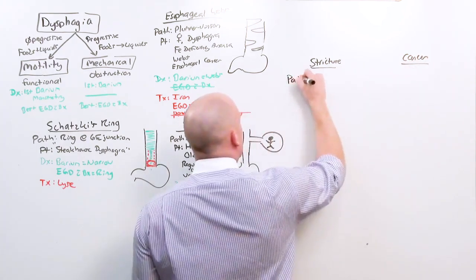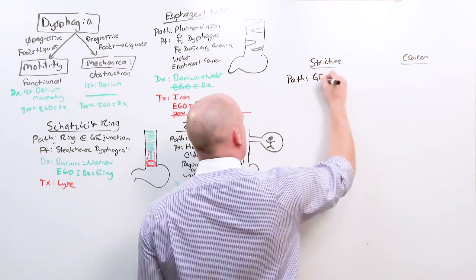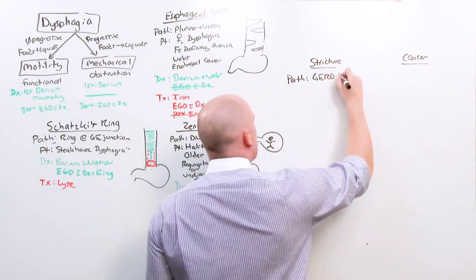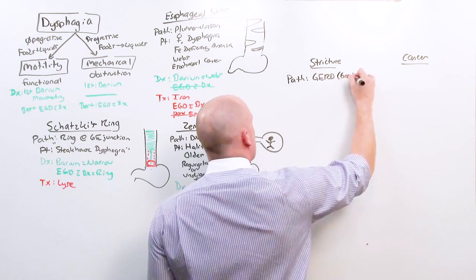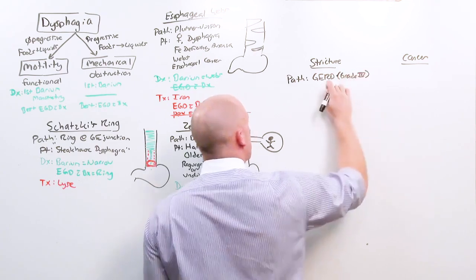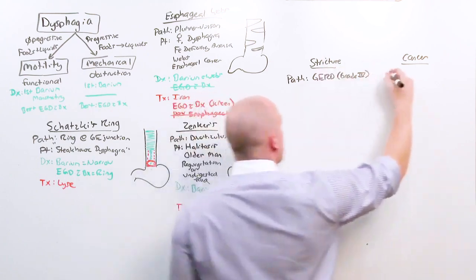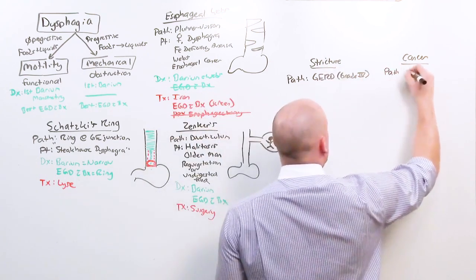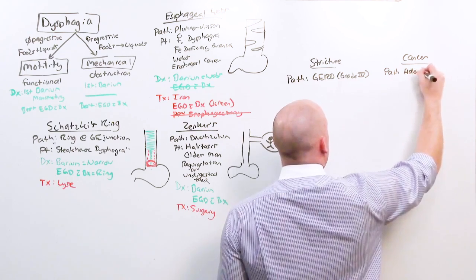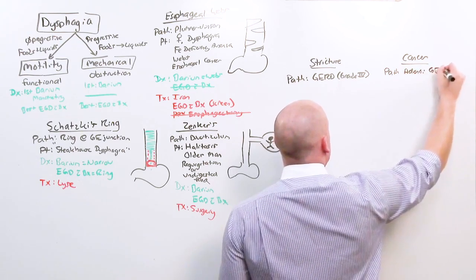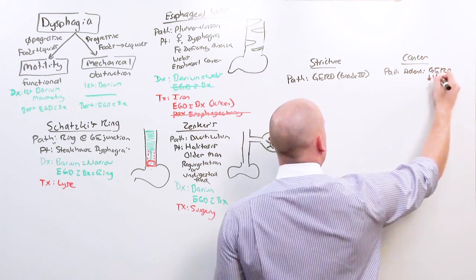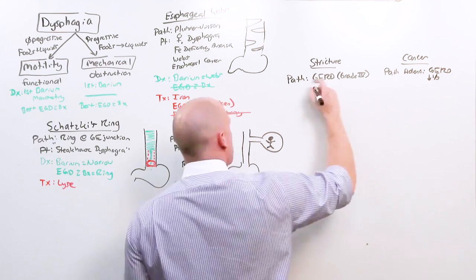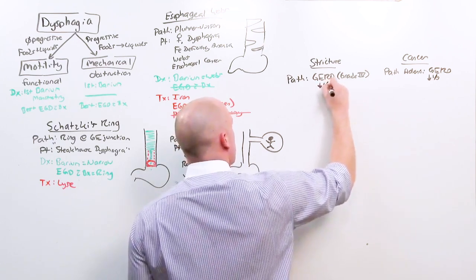The pathology of stricture is GERD. Stricture is considered grade 4 esophagitis as a product of GERD. Cancer is caused by GERD. That is, adenocarcinoma is caused by long-standing GERD in the bottom third of the esophagus. Strictures occur from GERD in the bottom third of the esophagus.